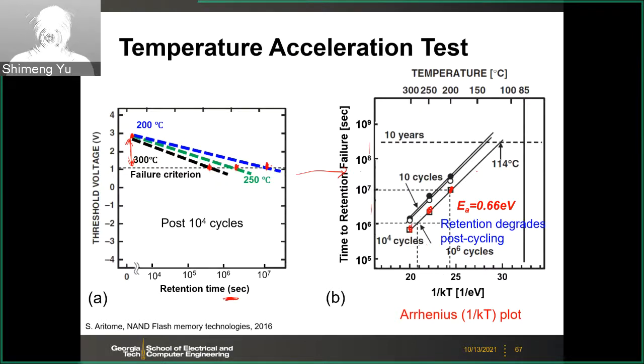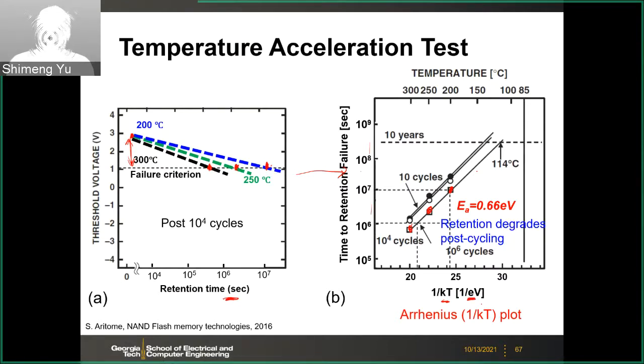And then you have to convert the temperature from Celsius to Kelvin, and then do 1/kT, and convert the Kelvin to the kT unit. kT is the Boltzmann constant times the Kelvin temperature, and that is in electron volts.